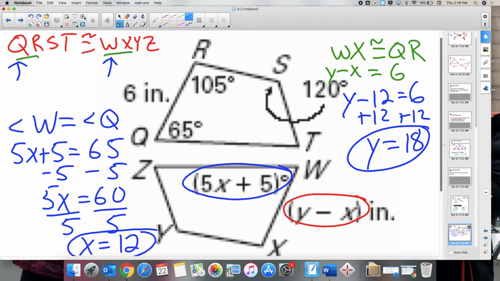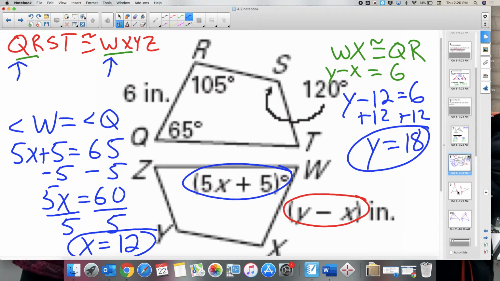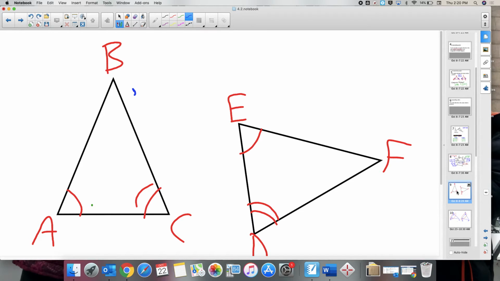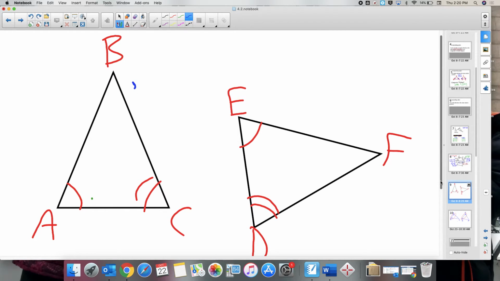All right, brings us to our next idea. The next idea is known as your third angle theorem. And essentially all it is telling us is if I have two angles in each triangle to be congruent, maybe angle A is congruent to angle E. Maybe they're both 40 degrees. And C is congruent to D. Maybe they're both 60 degrees.